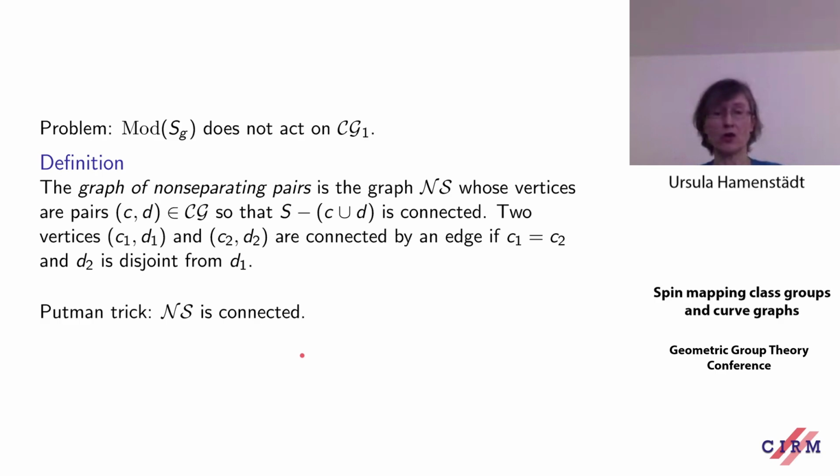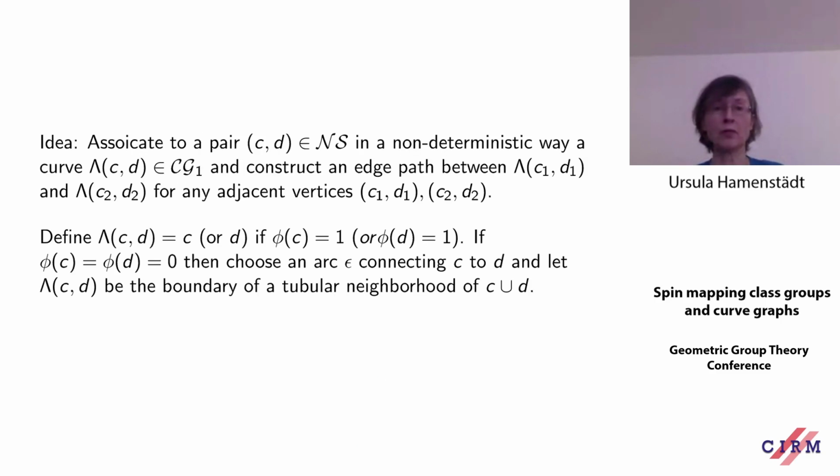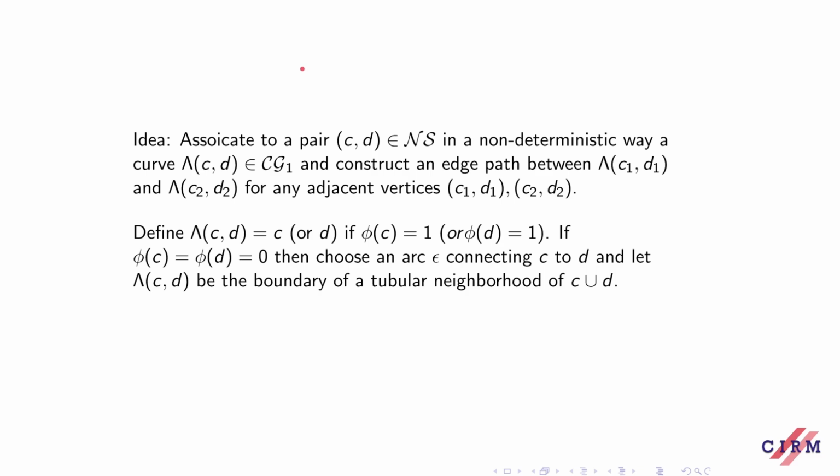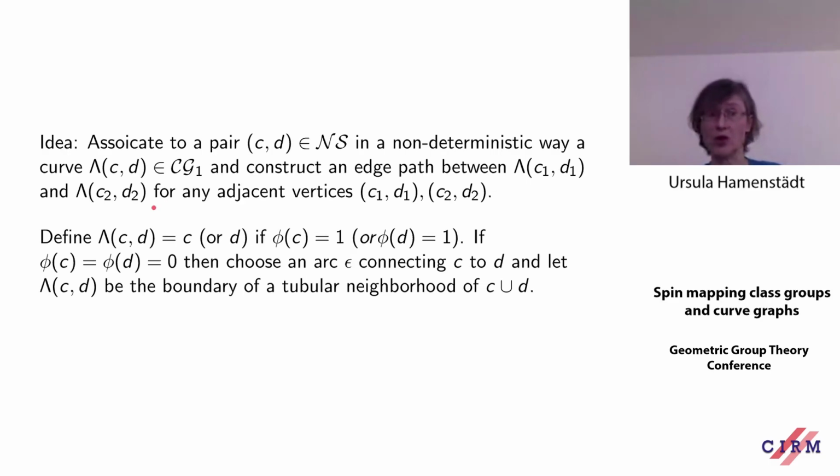And this is not hard to show using the explicit knowledge of generators for the mapping class group. And of course, here we require that the genus is at least 3. This graph doesn't make any sense for genus equal to 3. And now the idea is to associate to a pair in this new graph, in a non-deterministic way, a curve in our graph C_G^1 and construct an edge path between lambda of (C1, D1) and lambda of (C2, D2) for any two adjacent vertices (C1, D1) and (C2, D2).